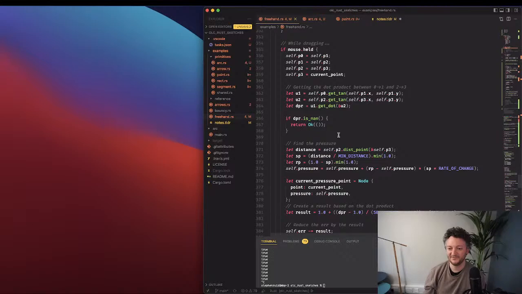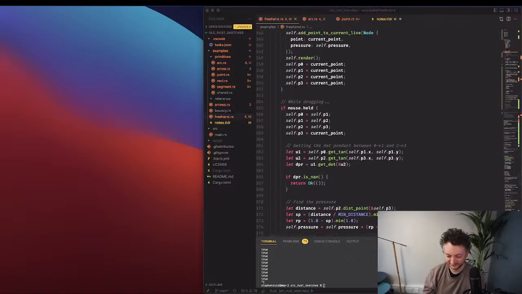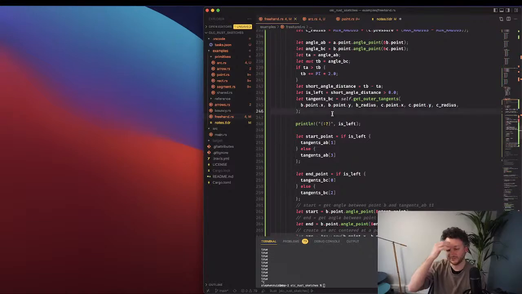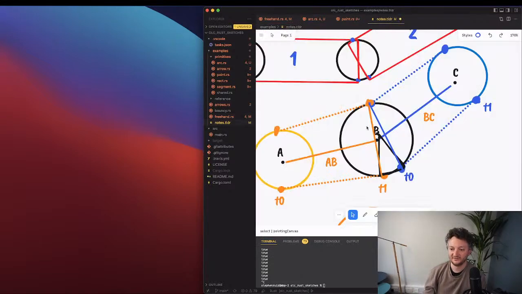Ah, shit. How do I do that? Is it like a clockwise thing? I just forget how I detected whether something is going left or right. Let's look at our notes.